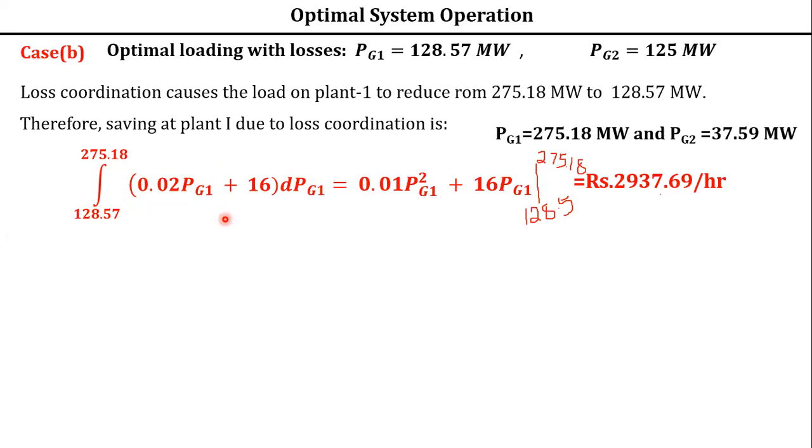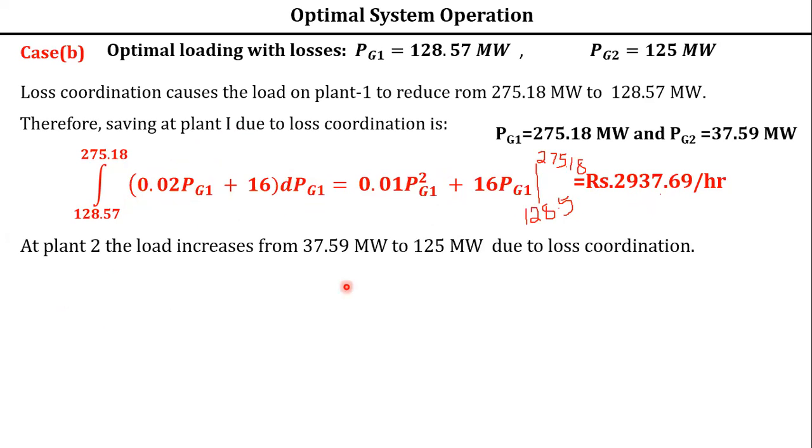Substitute them and tell me the savings at plant 2 due to loss coordination. You see, at plant 2 load increased from 37.59 to 125 megawatt. So what is the savings at plant 2?